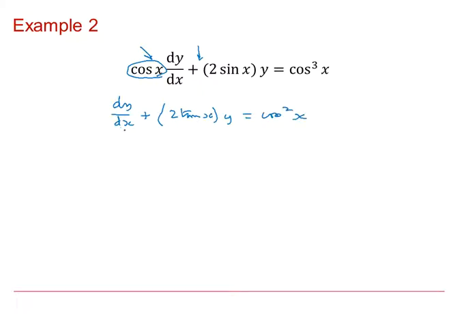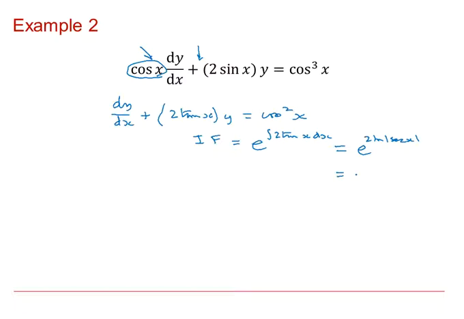Now we've got it in the right form, dy by dx plus p of x y equals q of x. Now we can start to pick out the integrating factor, which will be e to the integral of this function p of x, which in this question is 2 tan x dx. And if we rewrite that as e to the integral of 2 tan x, which is 2 ln sec x.